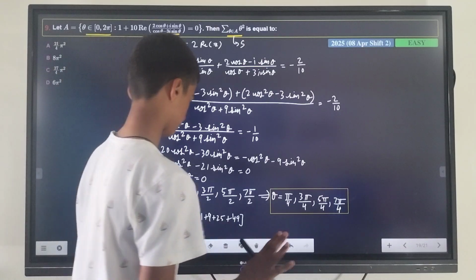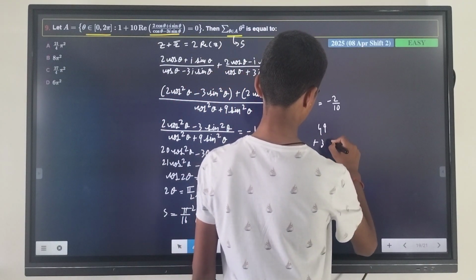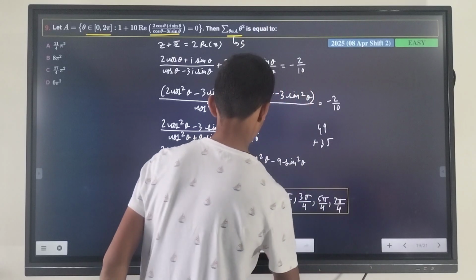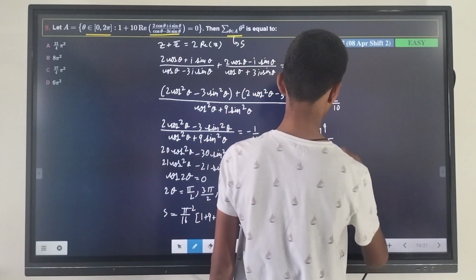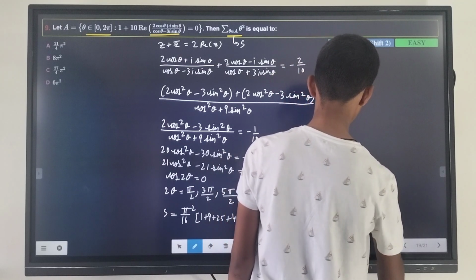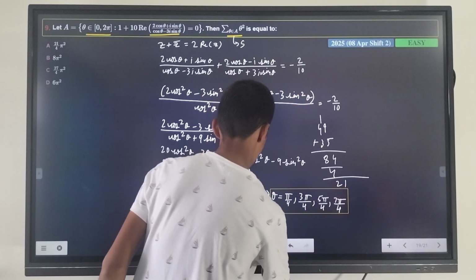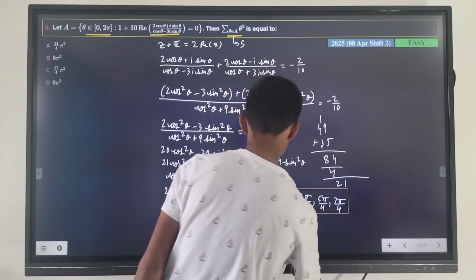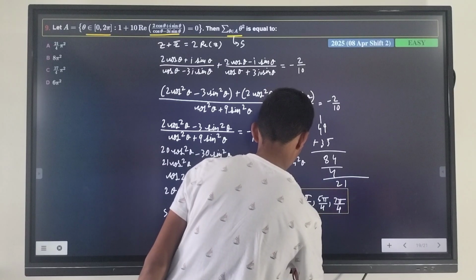We will have 49 plus 35, which will be equal to 84 upon 4. We will get 21. So our S is equal to 21 pi square by 4.